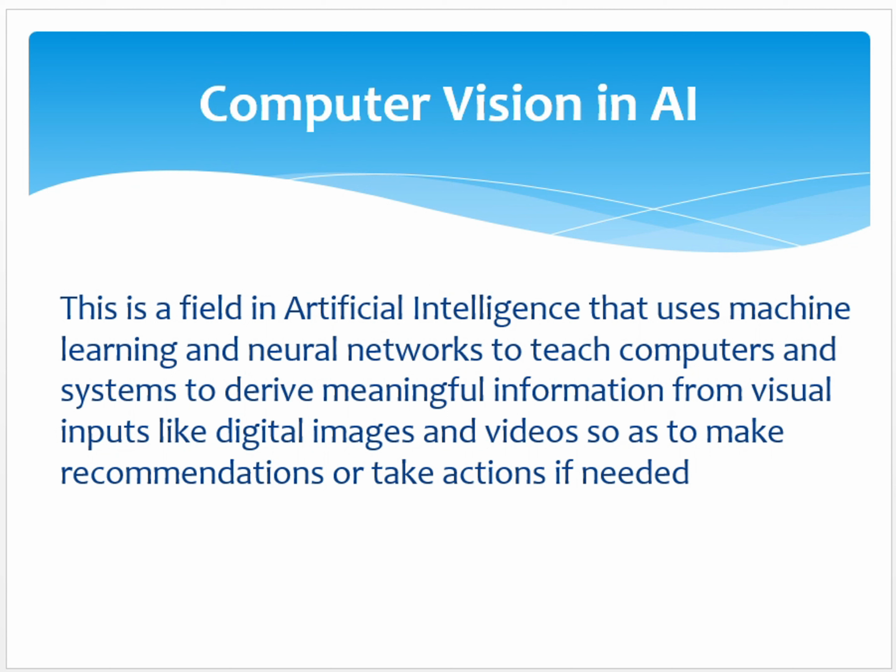Computer vision in AI is a field also in artificial intelligence that uses machine learning and neural networks to assist computers to learn how they can derive information from visuals, like from videos, how it can generate meaningful information from images and make recommendations of actions that can be taken.